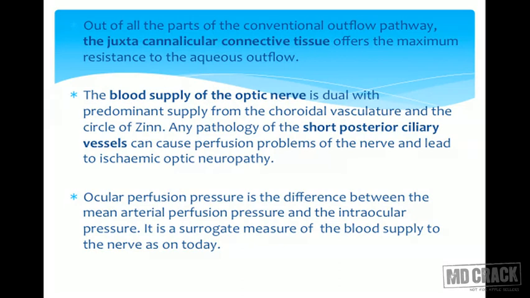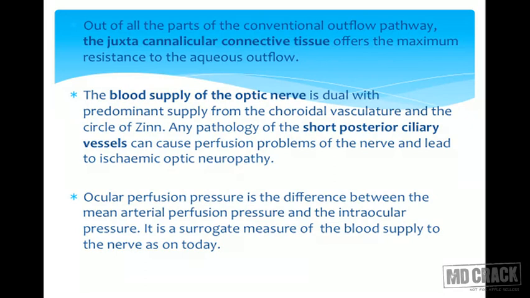Coming to the important part about the blood supply of the optic nerve, it is predominantly from the choroidal blood vessels or the annulus of Zinn-Haller, from the short posterior ciliary vessels, and any perfusion problem related to the systemic circulation can affect the perfusion pressure in these vessels and can ultimately lead to an optic neuropathy, which can be a part of the pathogenesis of any glaucoma.